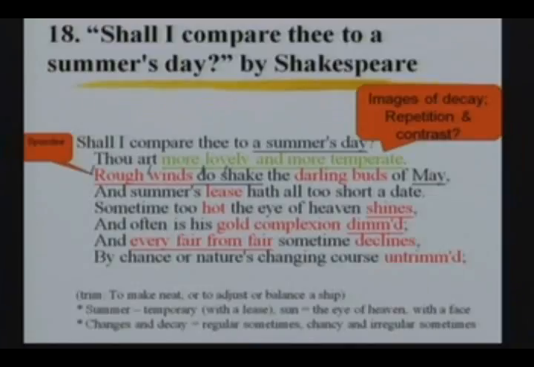Just to give you an example that you had last semester, The Noiseless Patient Spider, the poem by Walt Whitman. The whole poem is just one sentence, but there are different lines.